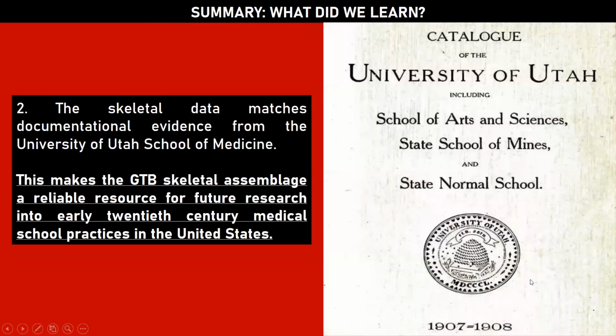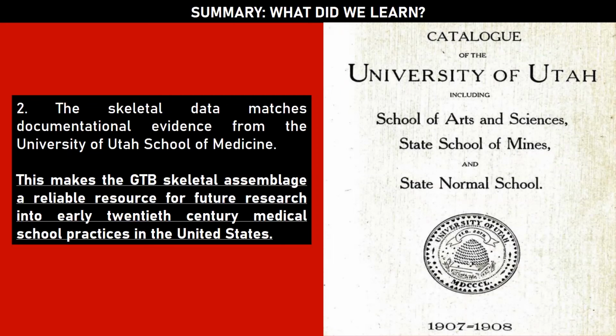Secondly, we learned that the skeletal data matches documentational information from the early days of the University of Utah School of Medicine. In the early years of the medical school, they adopted a regional anatomy teaching methodology. This methodology was confirmed by the findings of the skeletal assemblage. To some, this may seem like a small thing, but quite frustratingly, alignment between documented sources in archaeology is not always a given.